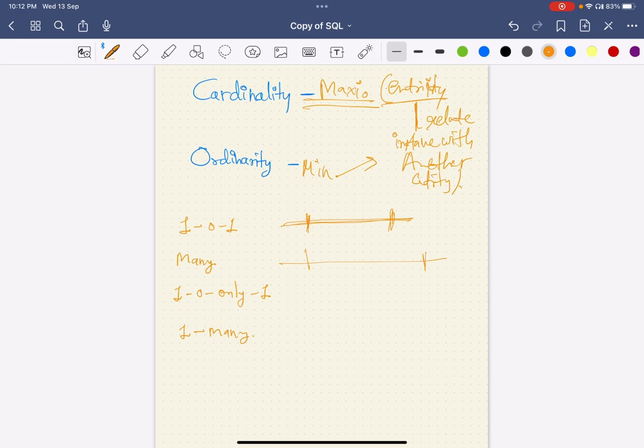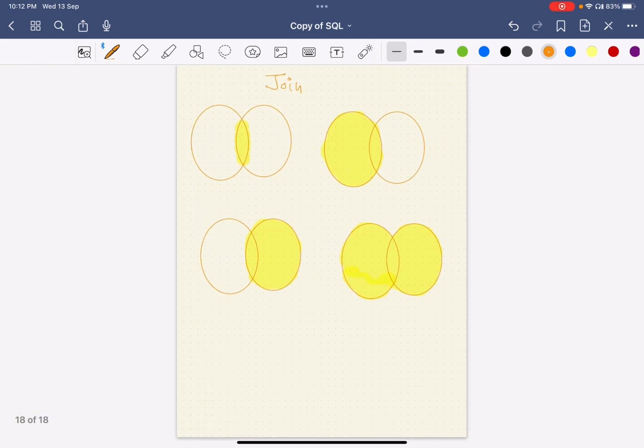Many, let's suppose this is a relationship, we have many to many, one and only one. So we represent this something like this, one and only one. So it only has one and it should have one, right? One or many, we represent by this. This is how we represent one or many. So this is about cardinality, ordinality, and relationships.